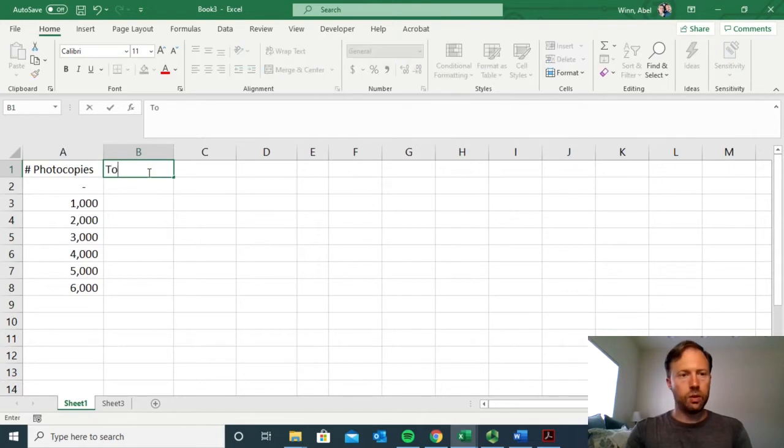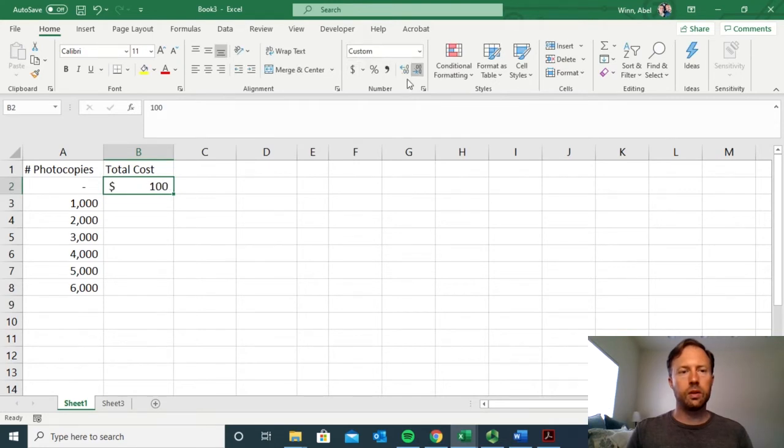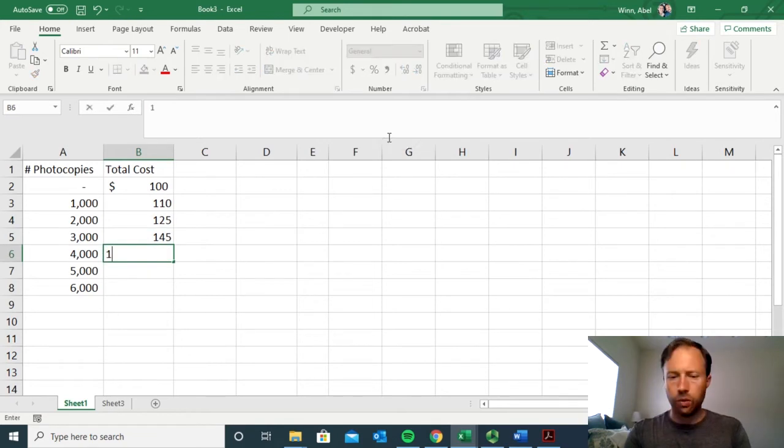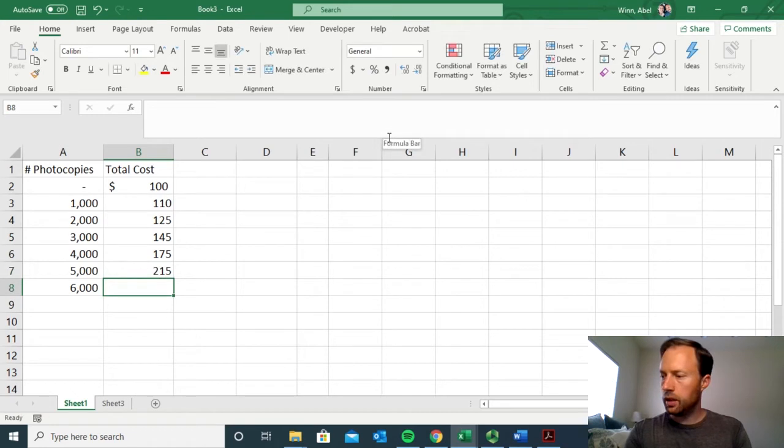Then they also give you total cost, $100, $110, $125, $145, $175, $215, $285.